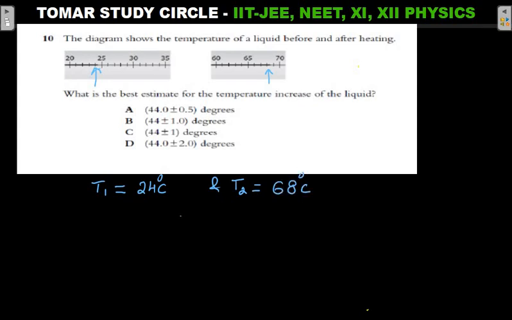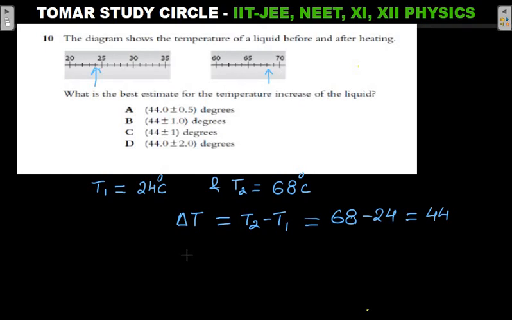The difference in temperature delta T will be equal to T2 minus T1, and that will be equal to 68 minus 24, or that will be equal to 44 degrees. If we see carefully these readings, the first temperature can be taken as 24 degrees and the last temperature after heating can be taken as 68.5.